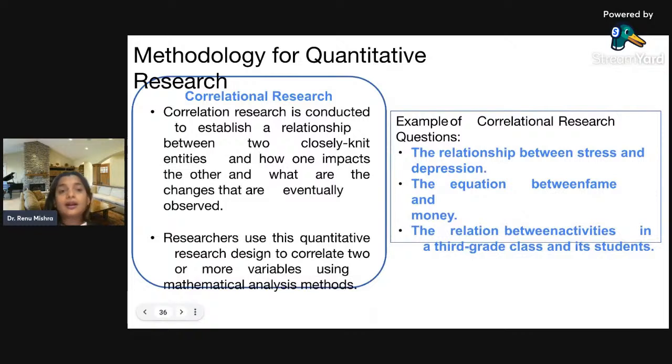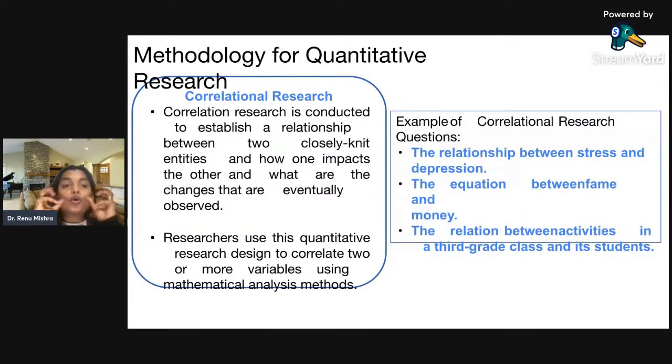Okay, then comes correlational research. Now, correlational research is basically conducted so that you can establish the relationship between two variables or entities, or how one variable or entity influences the other. What are the changes in them?